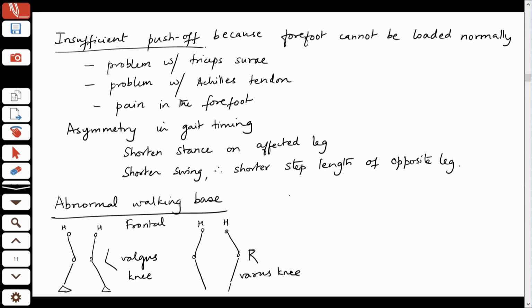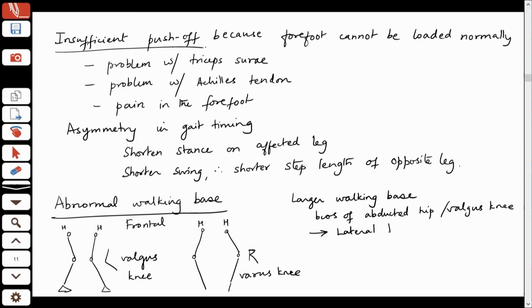So, you could have a larger walking base because of an abducted hip or a valgus knee, leading to lateral trunk bending.